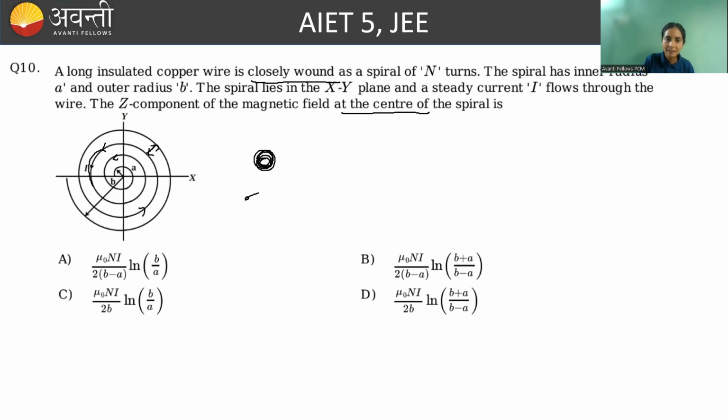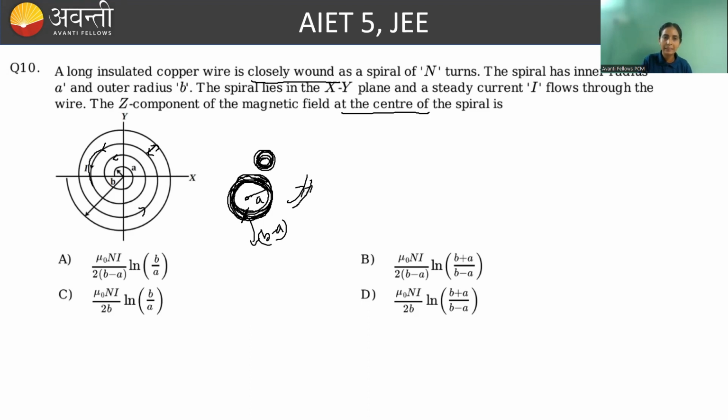The spiral starts from radius A and goes outward up to radius B, with no vacant space between A and B. So there is a thickness of wire present here, equal to B minus A, and that B minus A thickness consists of such thin wires carrying current I.